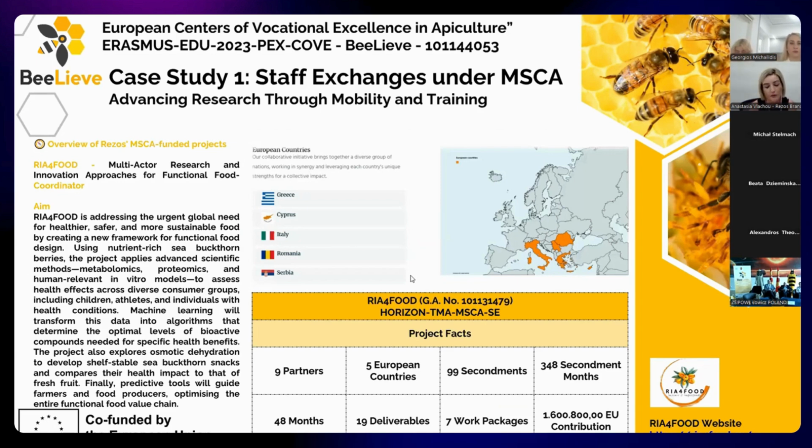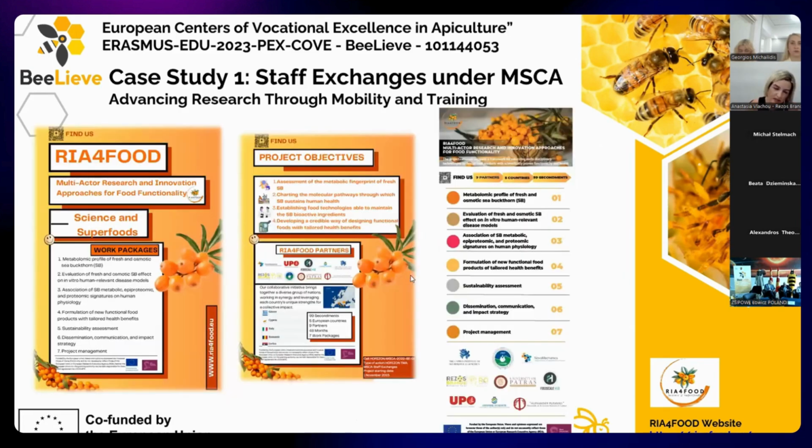And this project also uses machine learning to optimize bioactive compound levels for different user groups. So some more details, we have 9 partners across 5 European countries. The number of secondments here is 99 in a duration of 48 months, and the funding for this project is 1.6 million. And just a quick look at the work plan, the work packages of this project.